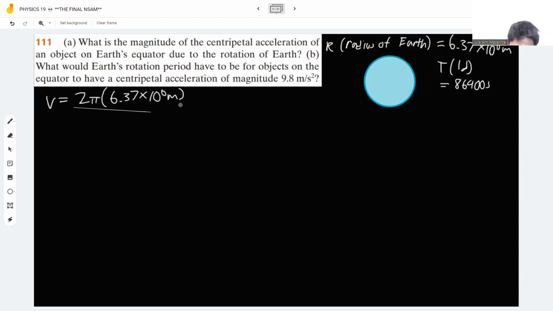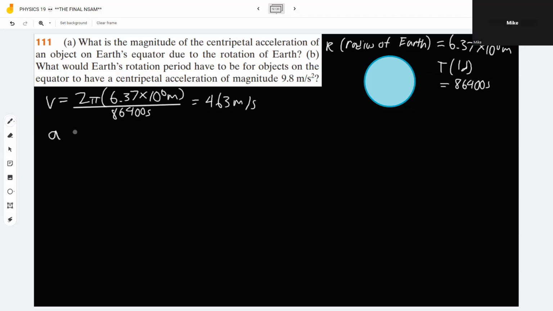Dapat nalagay ko dito, 86,400. I mean, if you think about it, it's kind of slow. Only 463 meters per second. Okay. So, sige. 2 times pi times 6.37 times 10 to the 6 divided by 86,400.